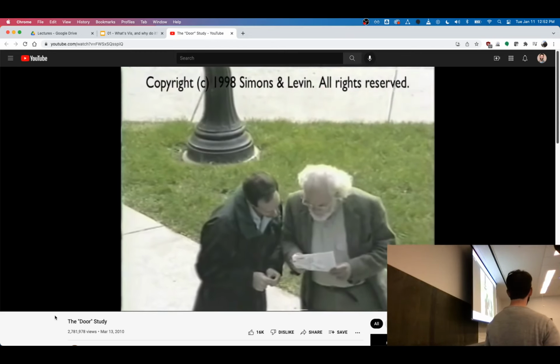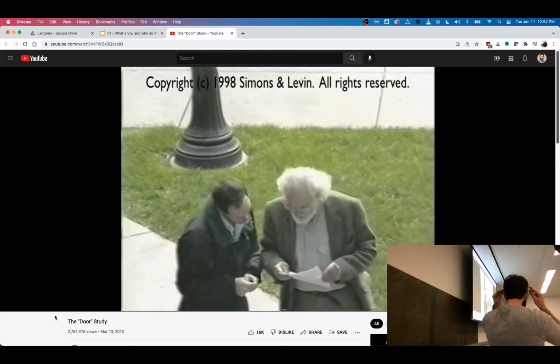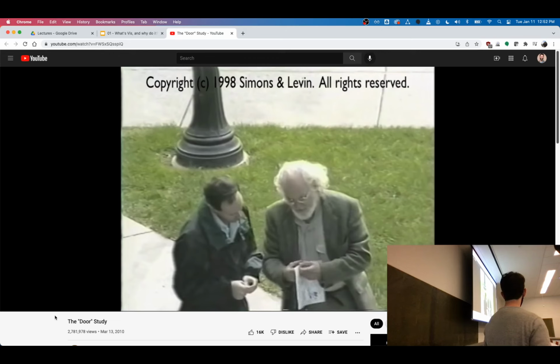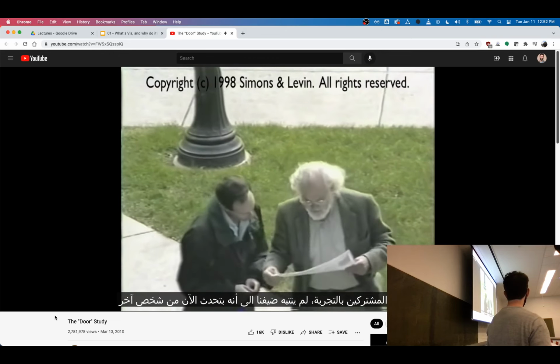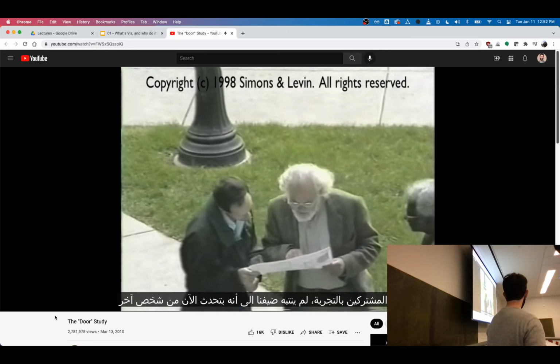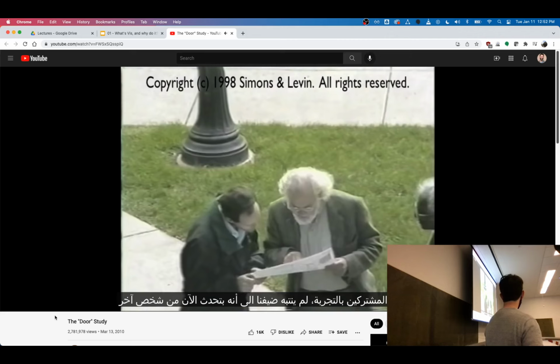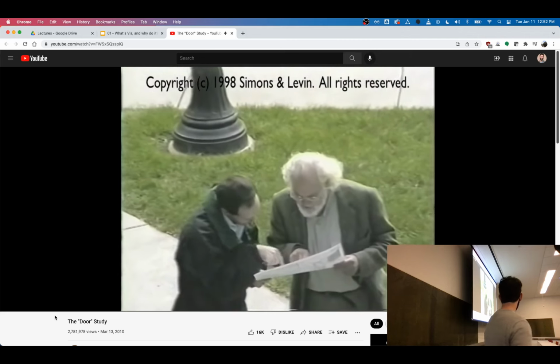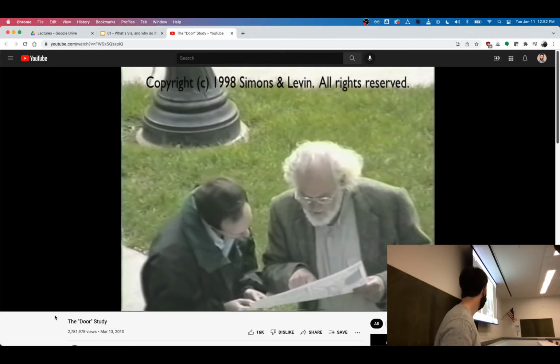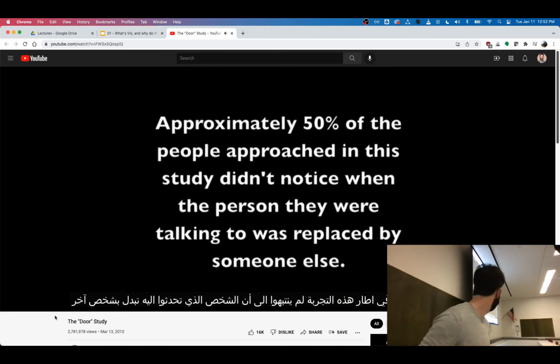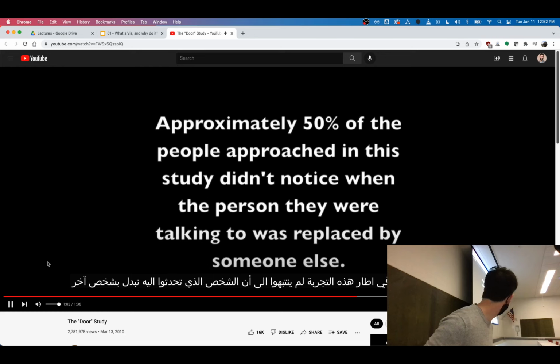They switched people. Like many of the people in this study, the pedestrian was entirely unaware that he was talking to a different person. Approximately 50% of the people approached in this study didn't notice when the person they were talking to was replaced by someone else.